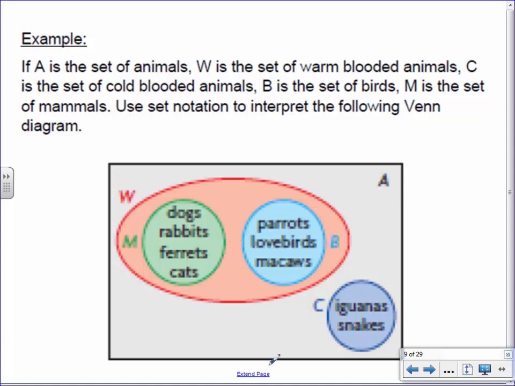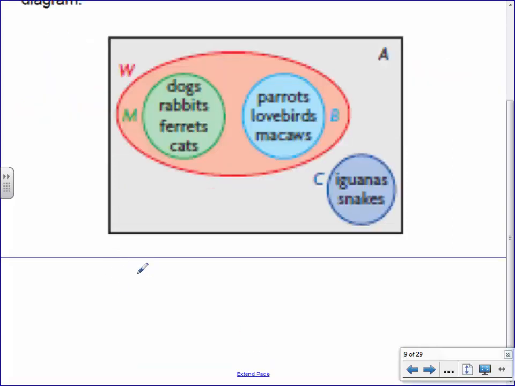So let me show you a few first. I could say that warm-blooded animals are part of animals. Does that make sense? What this means is that all of your warm-blooded animals are animals. I could even say that all of your cold-blooded animals are animals.